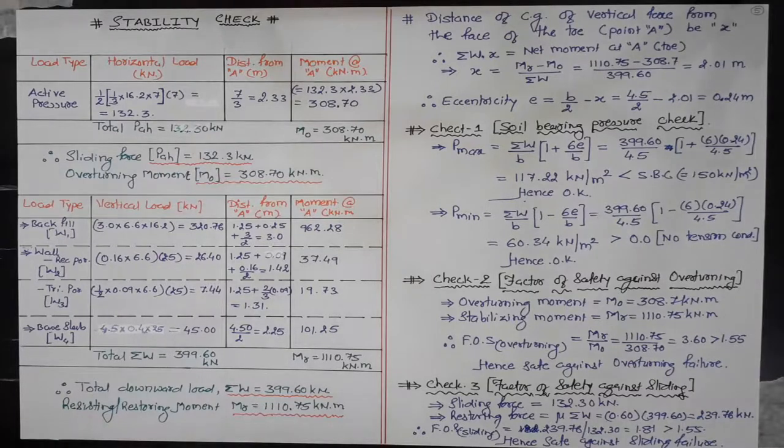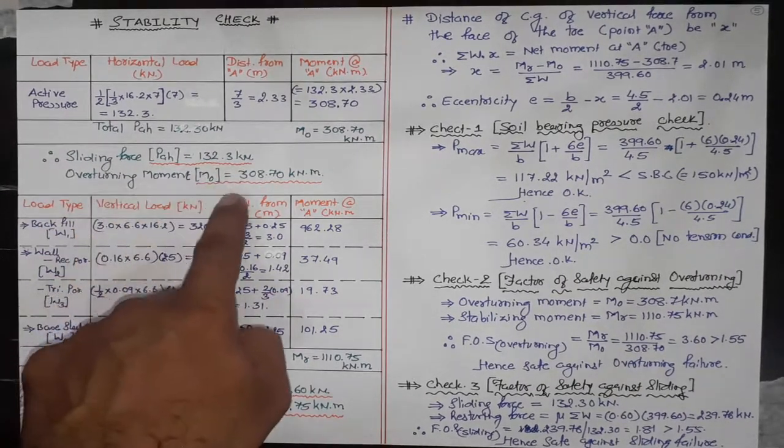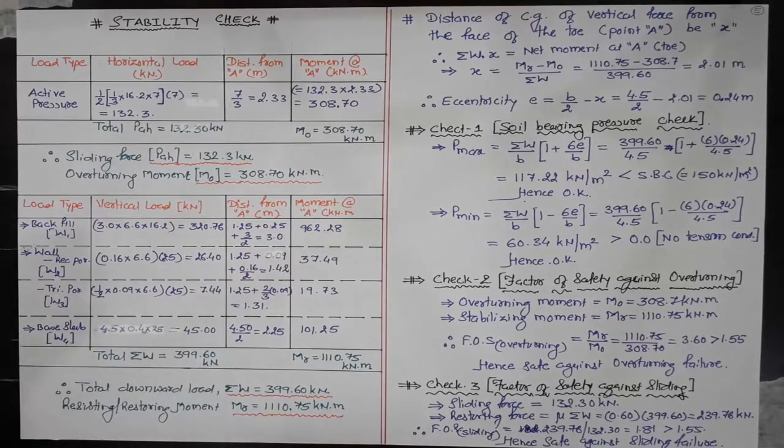After that, we have gone for a stability check, in which first we have determined the sliding force and overturning force. The sliding force was about 132 kilonewton and overturning moment was about 308 kilonewton meter. After that, we have calculated the vertical forces acting in our counterfort retaining wall.